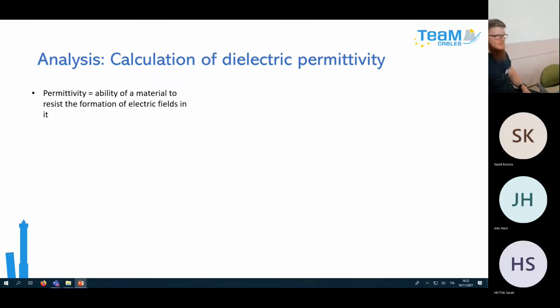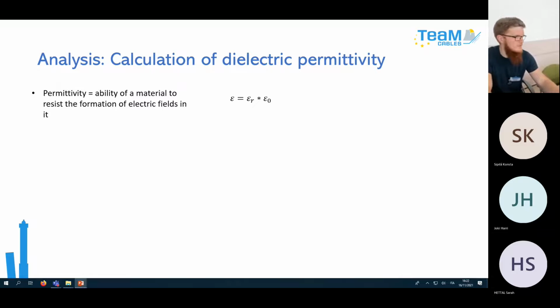Now, I will not go into too much detail for the calculation of dielectric permittivity because I think Davide did a very good job just before. As you already learned, permittivity is the ability of a material to resist the formation of electric fields.